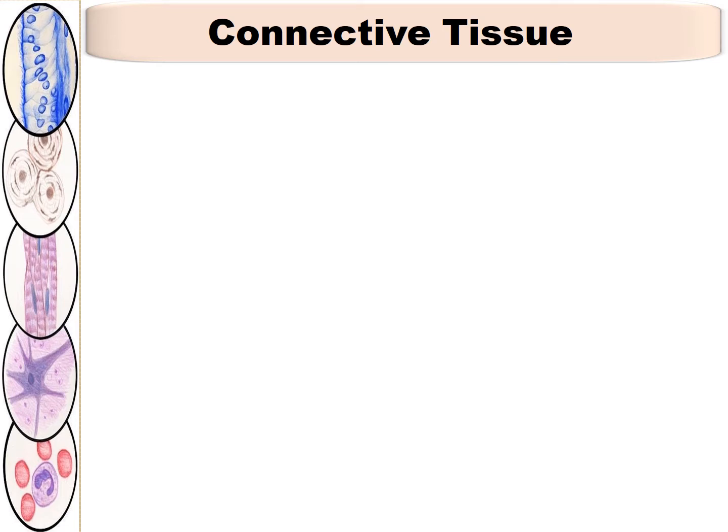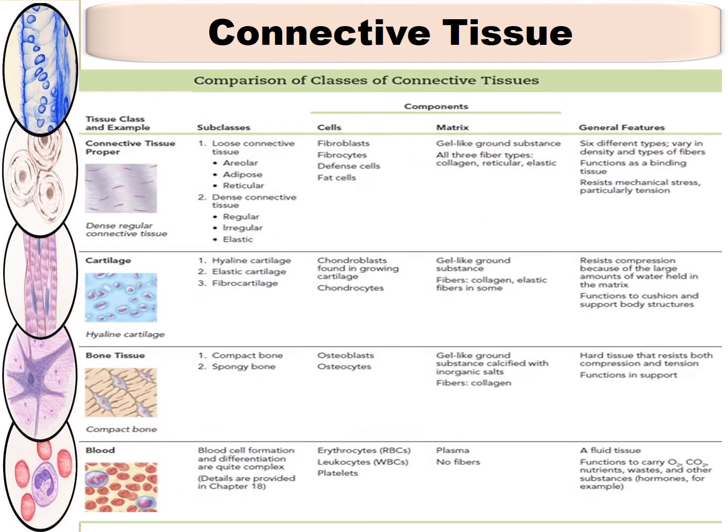Now let us discuss the different types of connective tissues and their subtypes. With the help of this table, we can easily understand the comparison of all the classes of the connective tissues and their components. There are mainly four classes of connective tissues. The first one is the connective tissue proper.